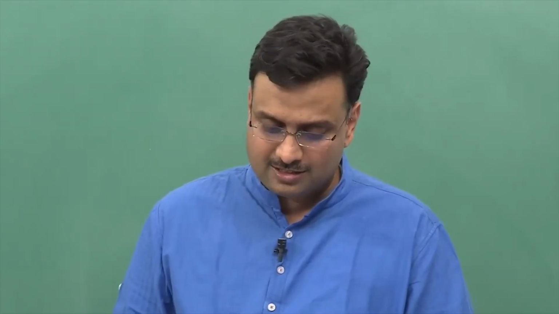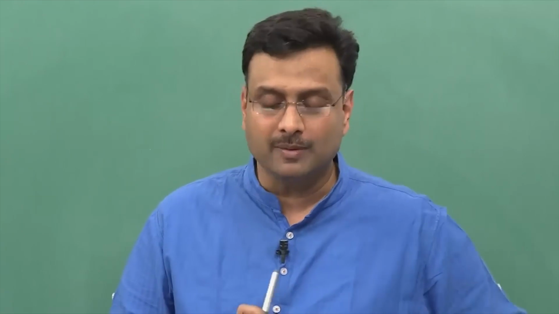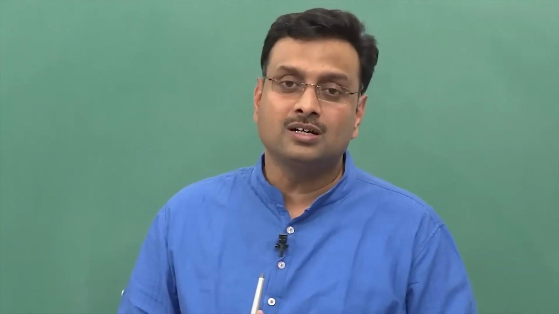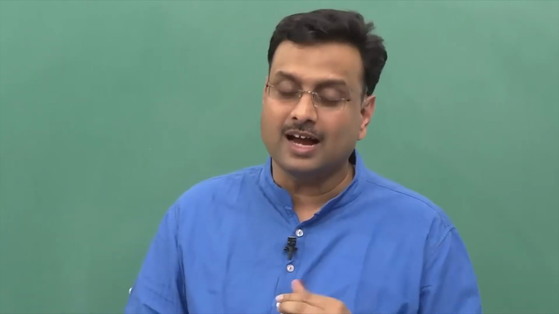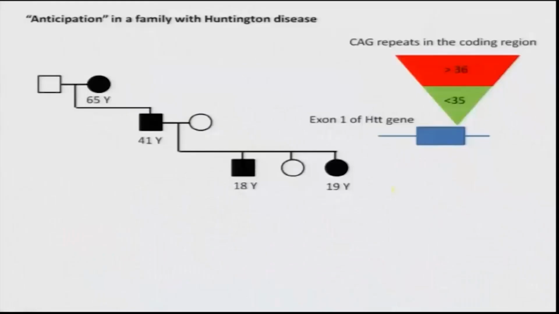It remained a paradox for a long time until they identified the gene that codes for this particular protein, which is involved in the disease called Huntington. So, this is the schematic of the gene, whose short form is HTT or Huntingtin. What is interesting here is that this particular gene, in its first exon, has certain repeats.